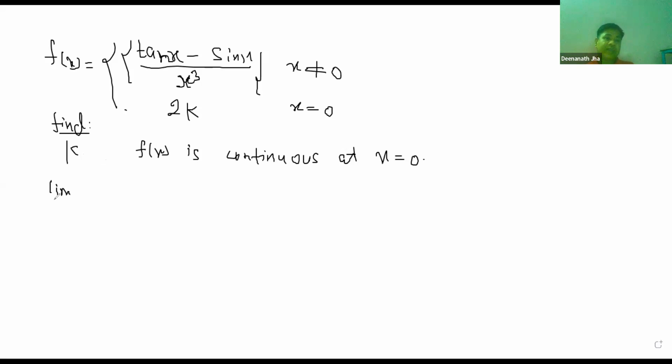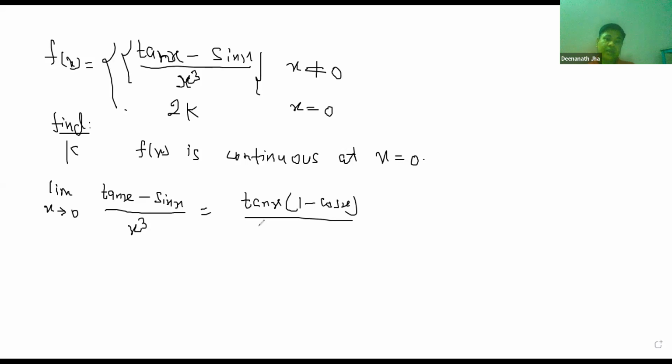Limit x tends to 0, 10x minus sin x by x cube. You can write 10x, 1 minus cos x by x cube.